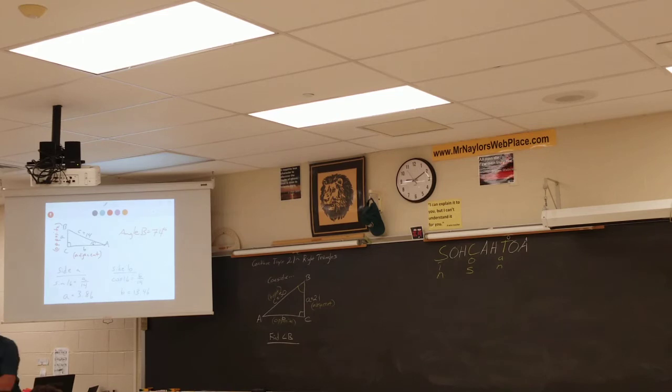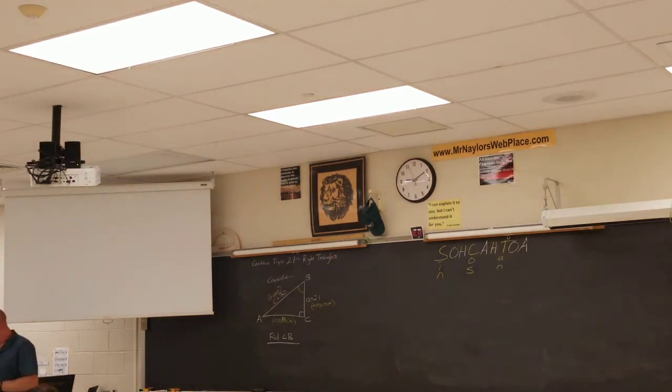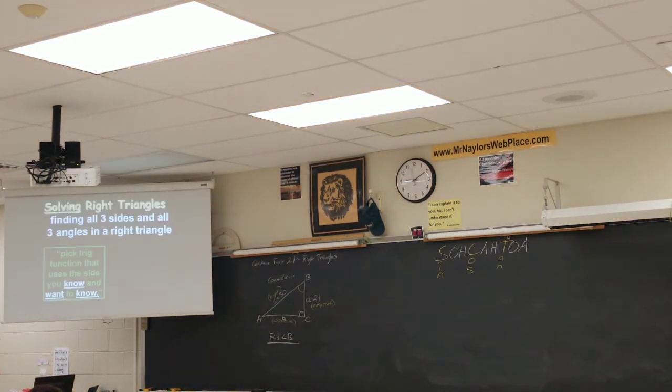Now, yesterday we had this little pick-a-trig-function idea. It changes just slightly today. It changes just slightly to say, now I want to pick a trig function that uses what I know and know. Did you see what I did there? I want to pick a trig function that uses what I know and know. What do I mean by that? Well, it's usually pretty clear that you know these two numbers.